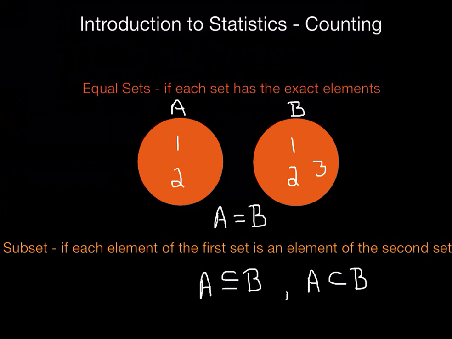Right now, our sets are not equal as I have them drawn, 1, 2 and then 1, 2, 3. Since B has an additional element, they are proper subsets, because there is something in B that's not in A. So that's the difference. A proper subset means that the sets are not equal.